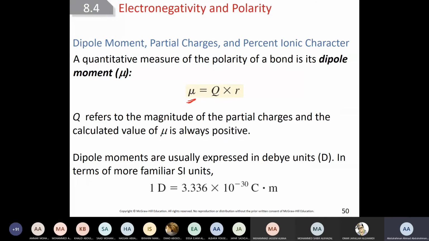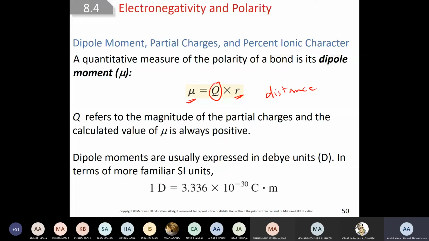This μ, what's this now? Dipole moment. And R, what's R? Distance. All right. And what's Q? Q is the charge on the ionic bond.